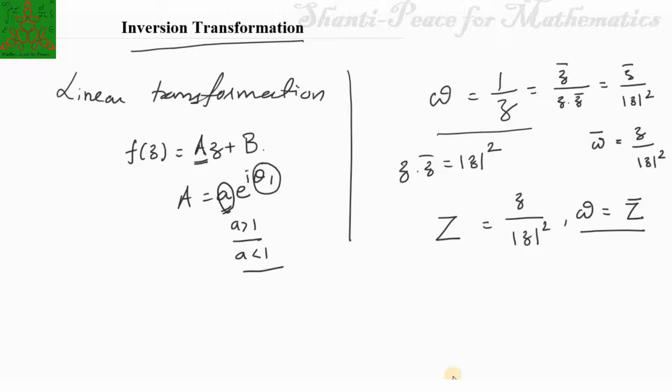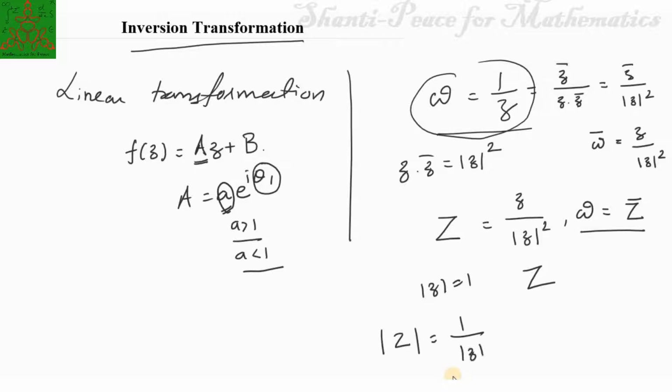So this transformation w = 1/z is inversion with respect to the unit circle |z| = 1. That is, the image of a non-zero point z is a point with the property that its modulus is 1 upon mod z, and the argument is the same as the argument of z.